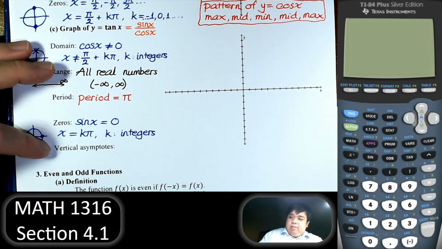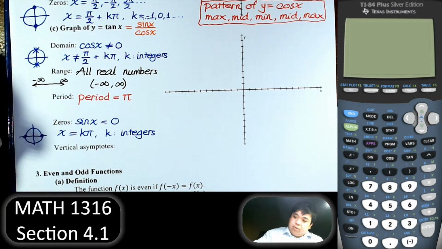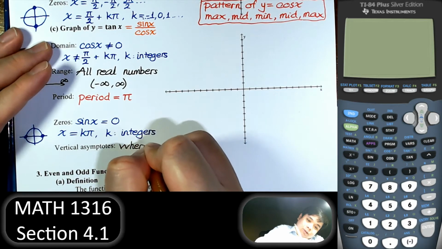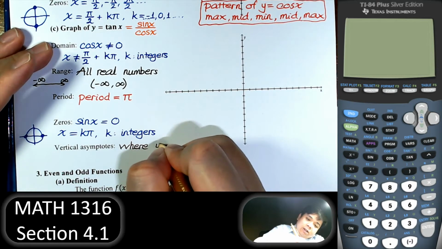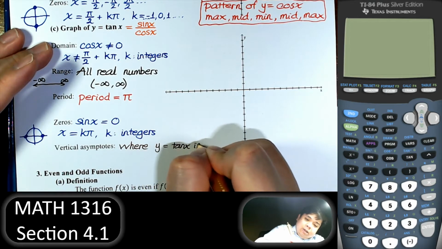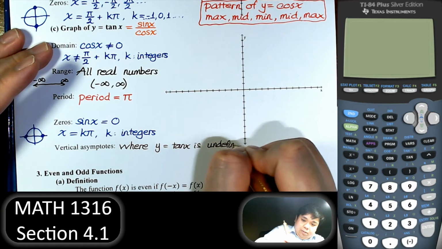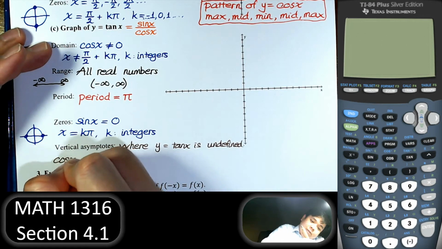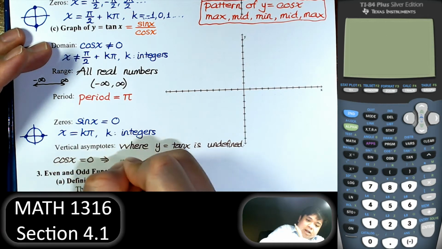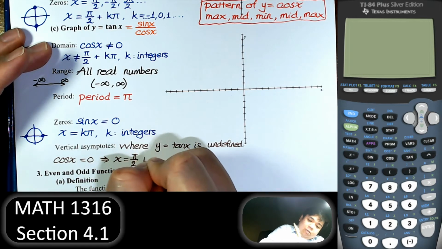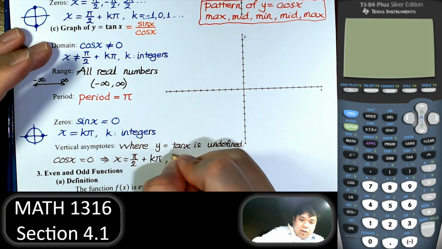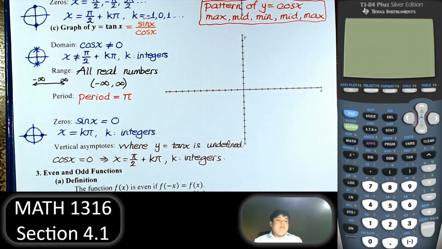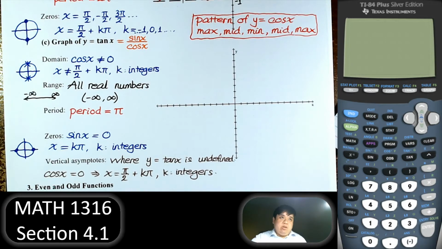It's where the function is undefined, and that is where the cosine equals 0, meaning that it is pi over 2 plus k pi, where k's are integers. Right, so those are the properties of the tangent function.